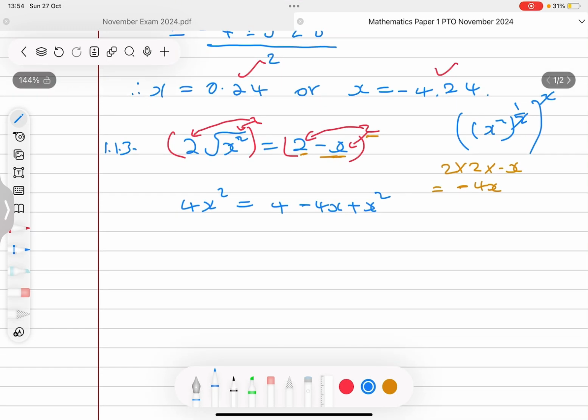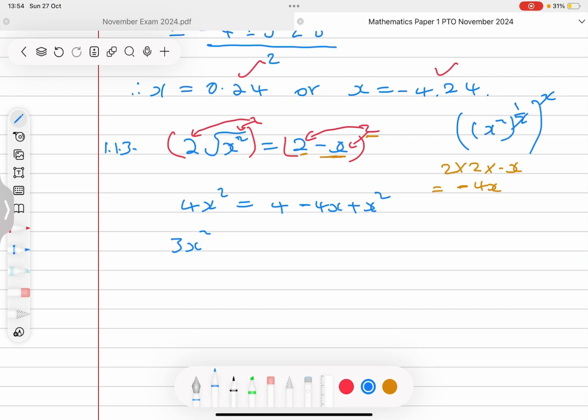Now at this stage, I'll group my terms. I'll take this x squared to this side so that it will be negative x squared. Now I'm having here 4x squared minus x squared. That should give me a 3x squared. So I'll have 3x squared.